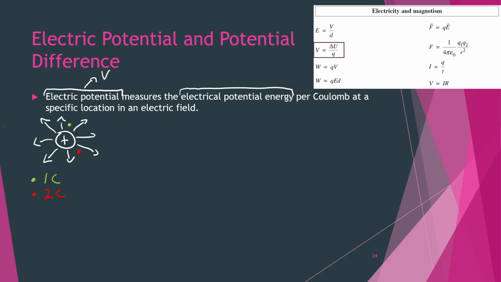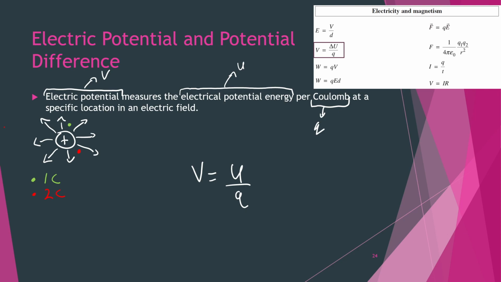Delta U is our electrical potential energy. And obviously Q here is our charge. Technically, though, electric potential is a measurement of the electrical potential energy that the particles actually have, not delta U, which is the change in electrical potential energy that a particle may experience. So electric potential V should actually be U on Q.